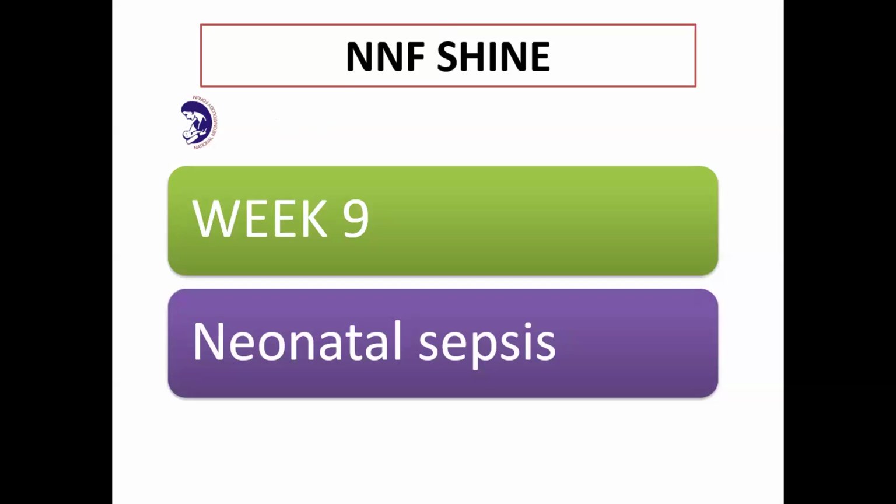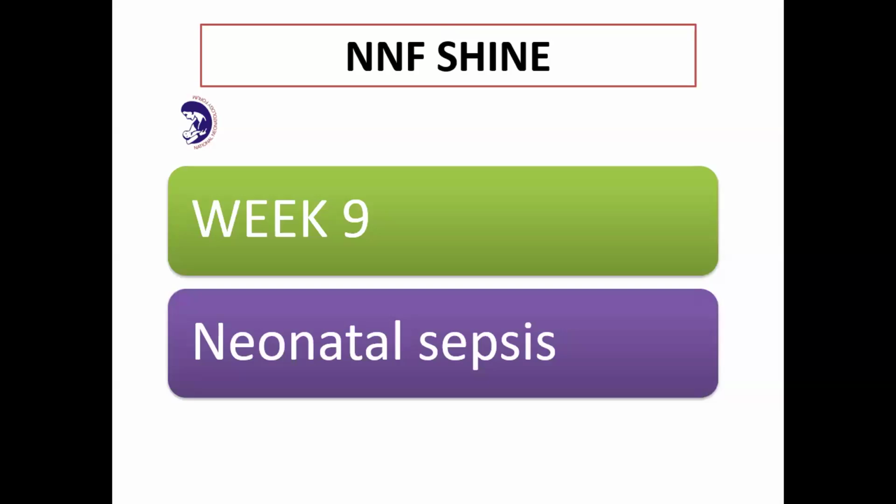It is on neonatal sepsis. It is one of the most important topics because we are working in a tertiary care setup, and neonatal sepsis is the most dreaded thing which we are afraid of. We put in a lot of hard work, and then we lose babies to neonatal sepsis. This is a very bad thing which happens.